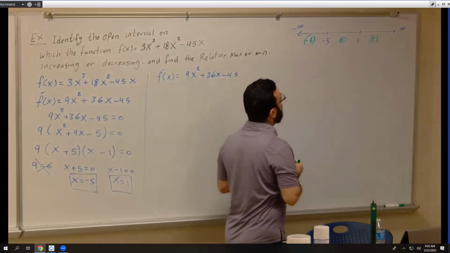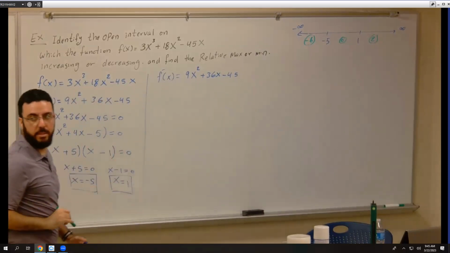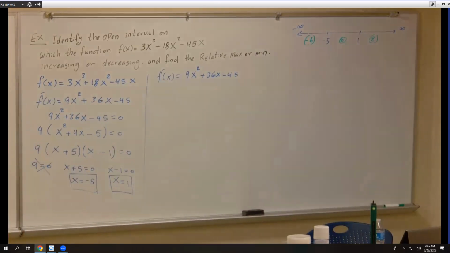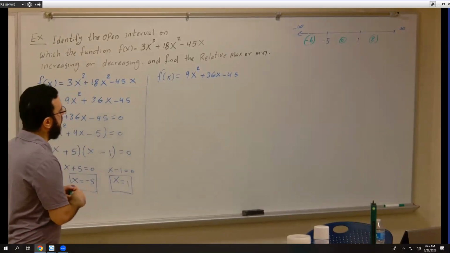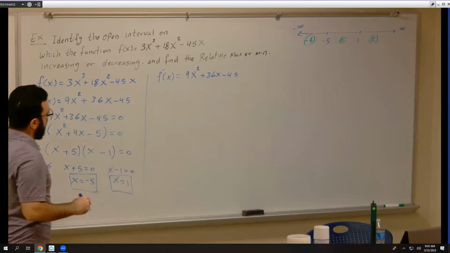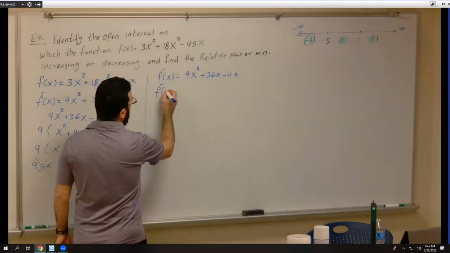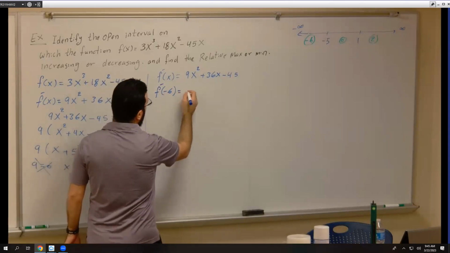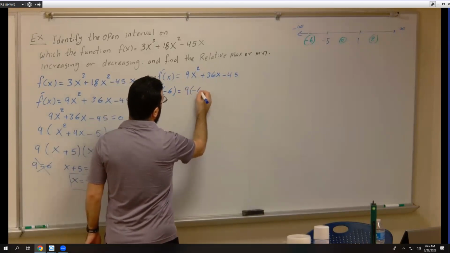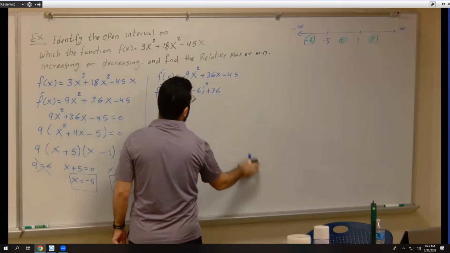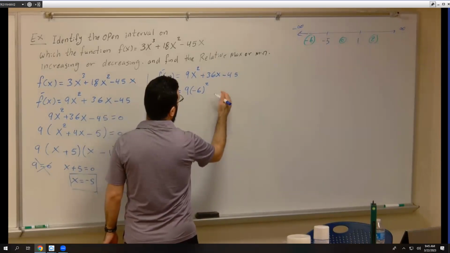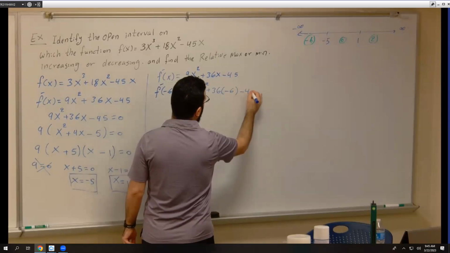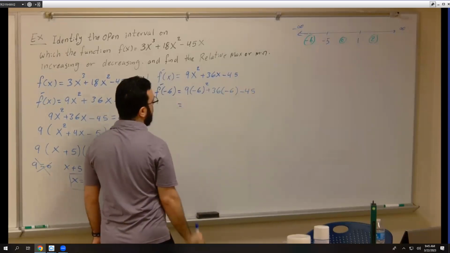Again, you can choose any number, it's going to be the same result, because your goal is just to find the increasing and decreasing. So first, f prime of negative 6 equals 9 times negative 6 squared plus 36 times negative 6 minus 45. Tell me how much the result is going to be.